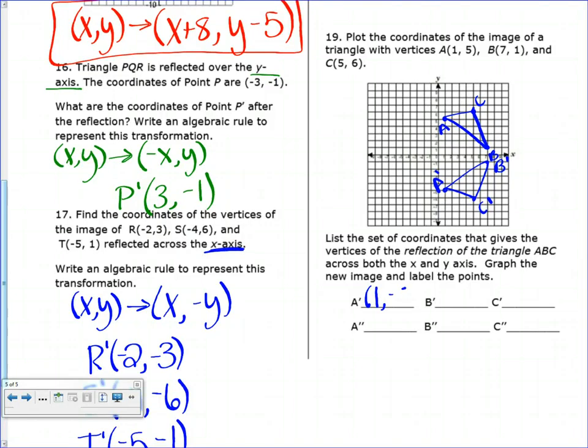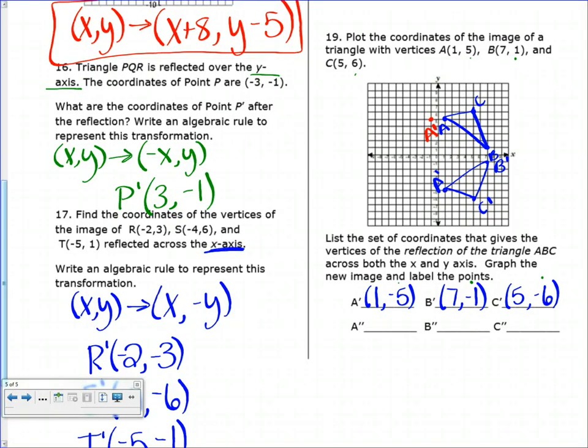So we get 1, -5, 7, -1, and 5, -6. Notice all of my y coordinates are just the opposite of what they originally were. And then we're going to reflect that triangle again. We're going to reflect ABC across the y-axis. So now we're going to go to the left.